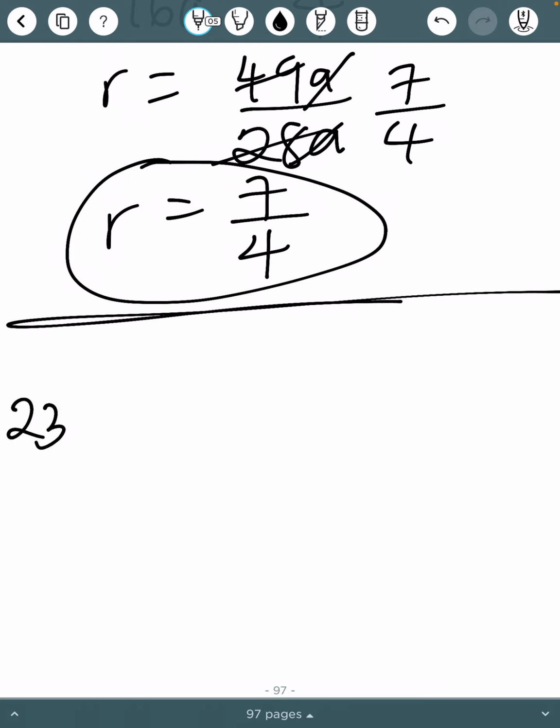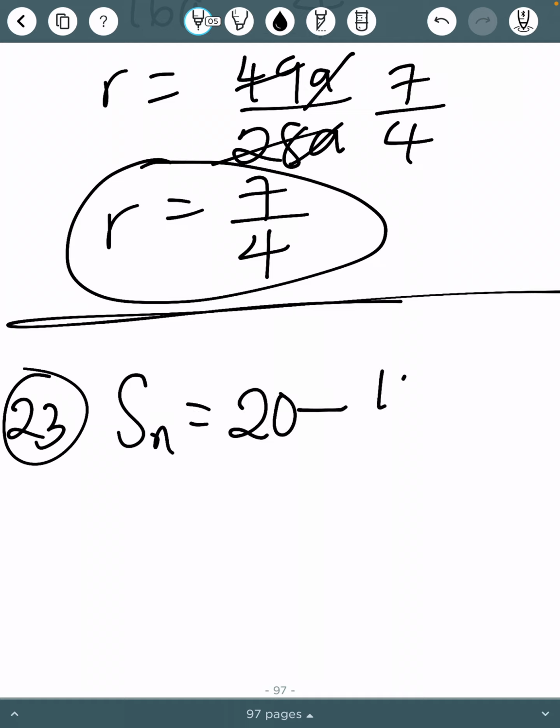In question 23, we are told that the sum of the first n terms of a sequence, Sn, is given by 20 minus 10 over 2 raised to power n minus 1 for all values of n greater than or equal to 1.